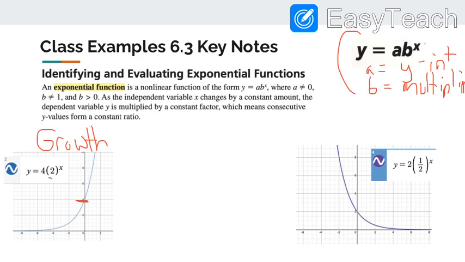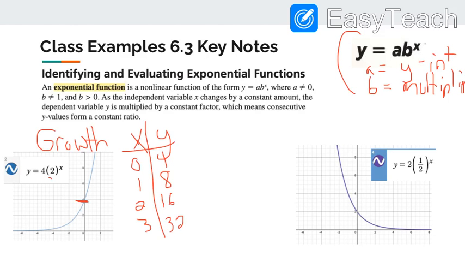If we made a table for this, our table would look like x values 0, 1, 2, 3, and y would start at 4, and then it would double each time. So this would go 8, 16, 32. So this is the idea of exponential growth. It looks like a graph like this. It's a curve going upward. Y-intercept, multiplier, example of a table.